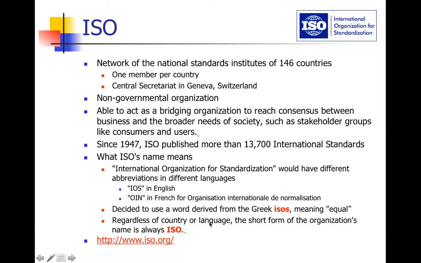ISO.org is where some of these networking standards are published that we're going to talk about shortly. It's a non-governmental organization, so kind of like non-profit. NGO is a term that they use internationally. We tend to use non-profit for the same intention.